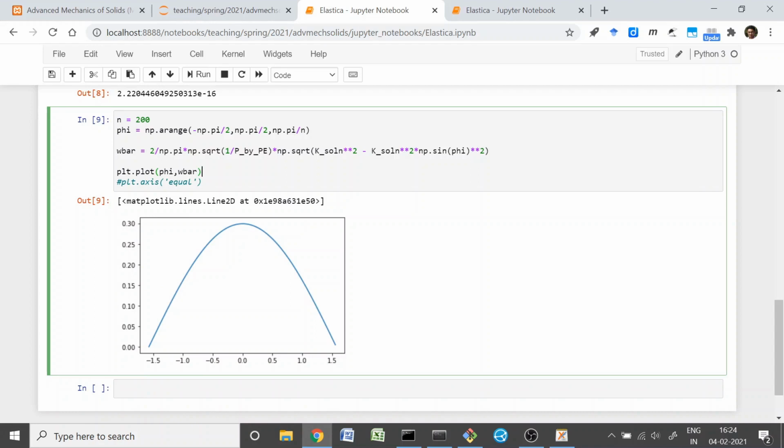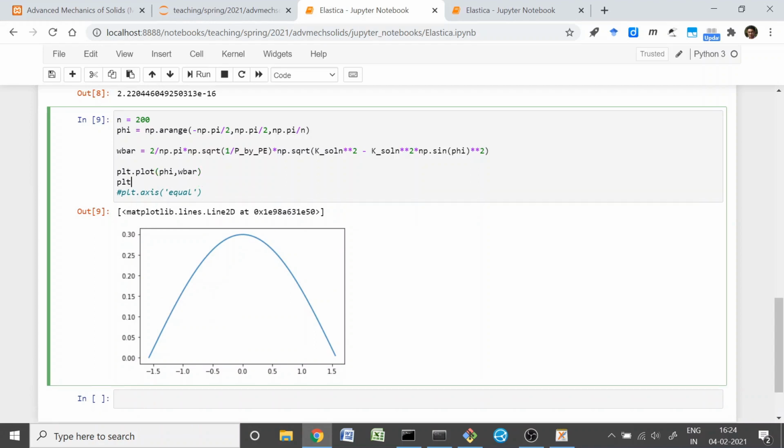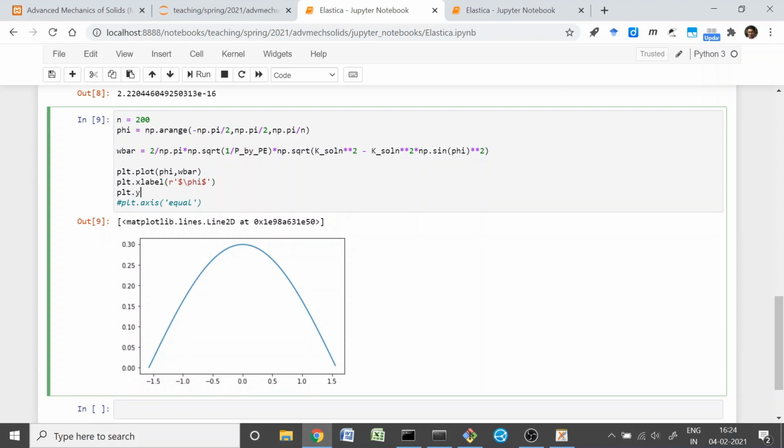I think I should apply the labels here. So plot x label, so this is phi, and the y label here is w bar.